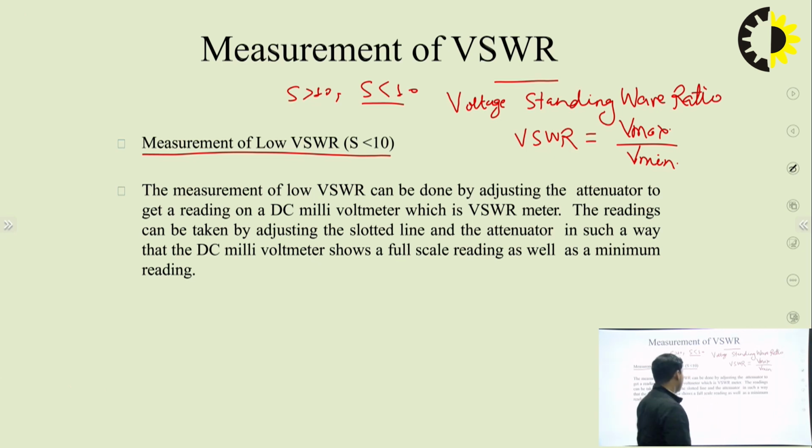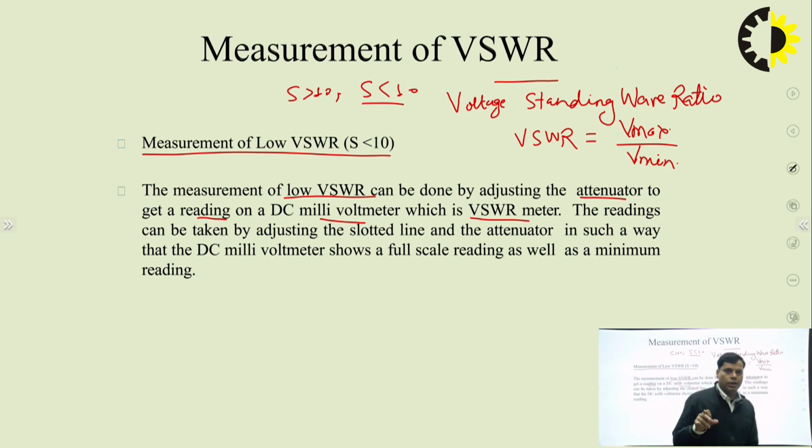Measurement of low VSWR can be done by adjusting the attenuator to get a reading on a DC voltmeter, which is simply a VSWR meter. So we first calibrate the test bench, and after calibration we move the attenuator.